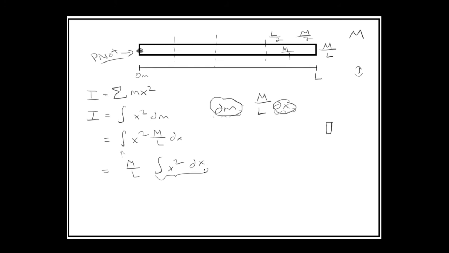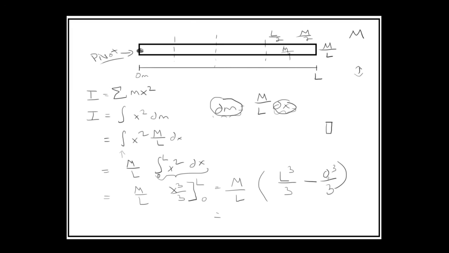Now, this is a fairly simple integral to solve from a calculus standpoint. All you'd have to do is M over L times the antiderivative of x squared dx, evaluated from 0 to L. The antiderivative of x squared is x cubed over 3, and we're solving for this over the interval 0 to L. So this is equal to M over L times, we plug each of these in, L cubed over 3 minus 0 cubed over 3.